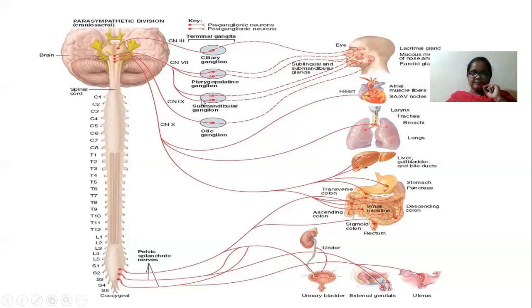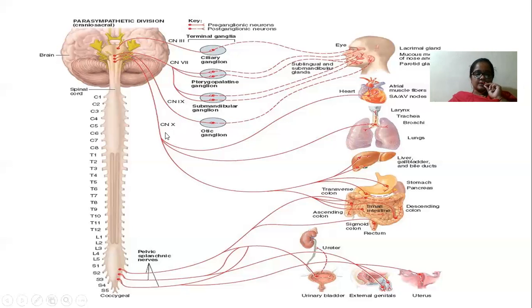This parasympathetic preganglionic neuron makes a synapse with postganglionic neurons in the submandibular ganglion. These postganglionic neurons are mainly distributed to the salivary glands, submandibular, sublingual, and parotid glands, and some mucous membrane and nose also.